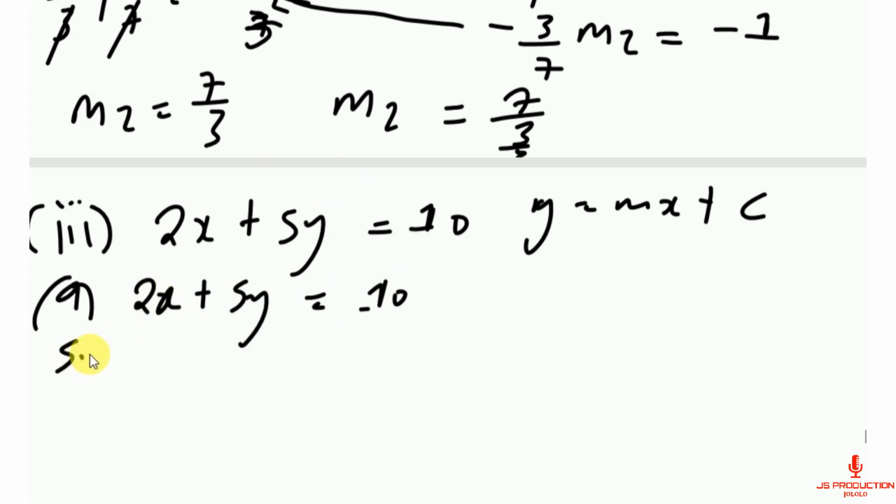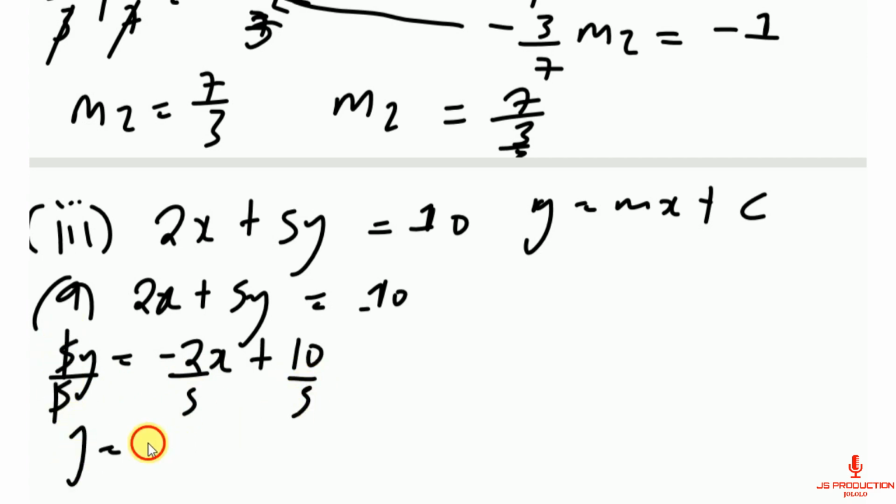So we're going to have 5y is equal to negative 2x plus 10, and there to calculate y, you can divide by 5. So y is equal to negative 2 over 5x plus 10 divided by 5, that's 2.